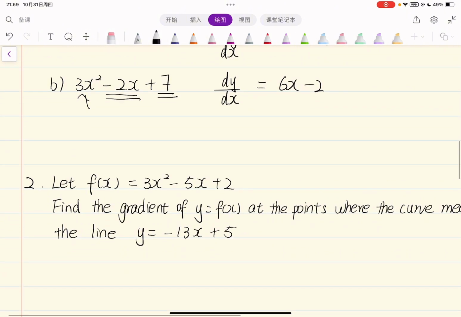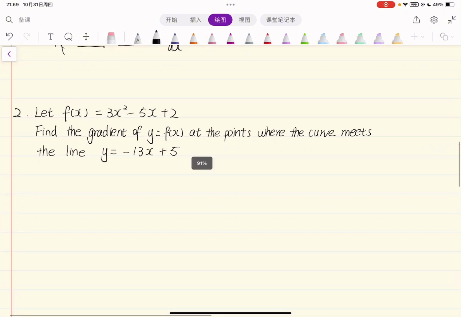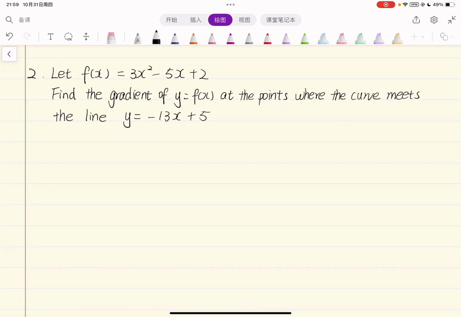Now let's move on to question 2. So we have f(x) equals 3x squared minus 5x plus 2. The question says that you need to find the gradient of y equals f(x) at the points where the curve meets the line y equals negative 13x plus 5.